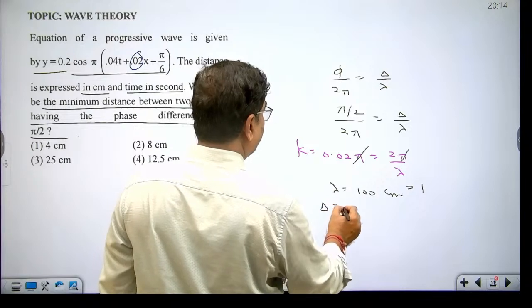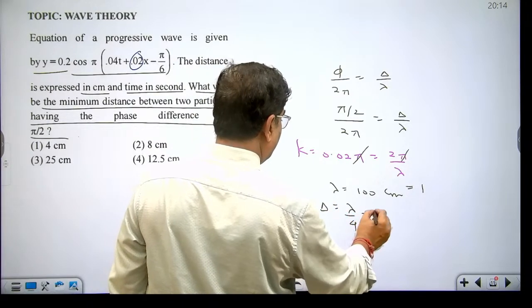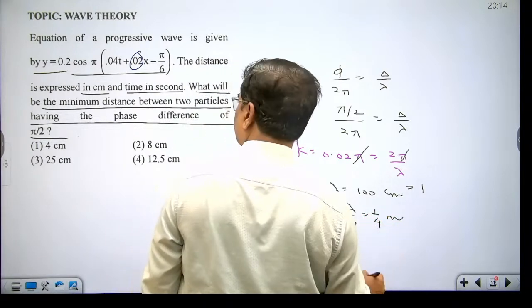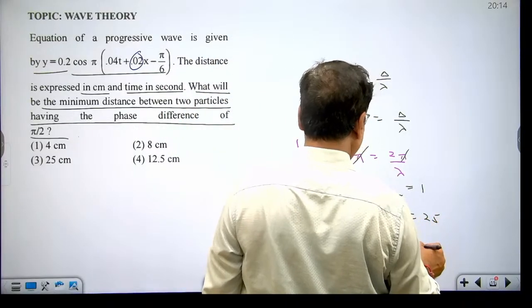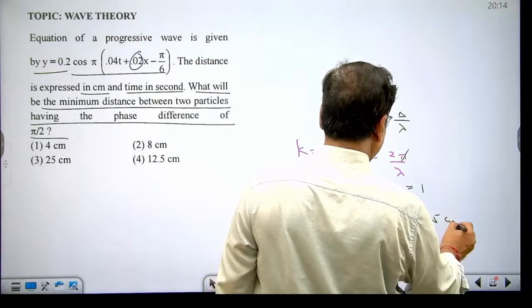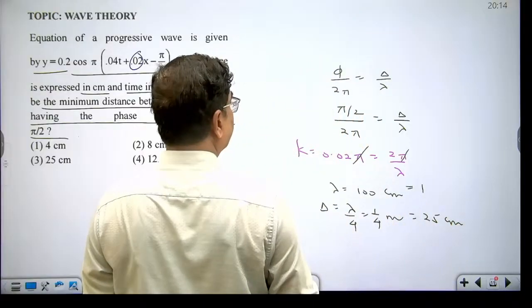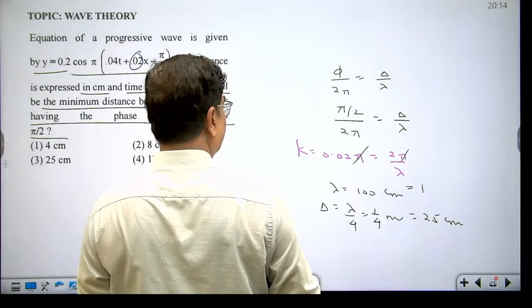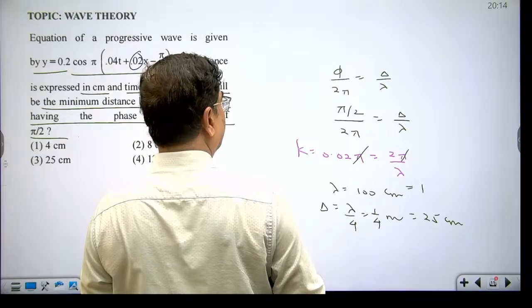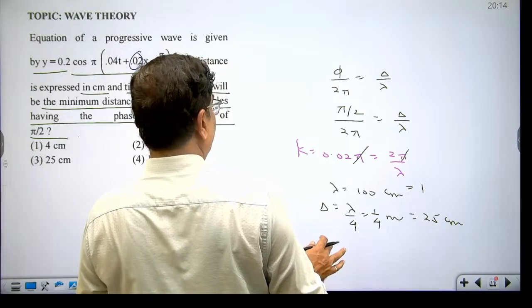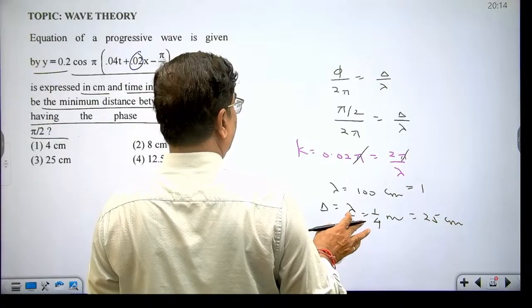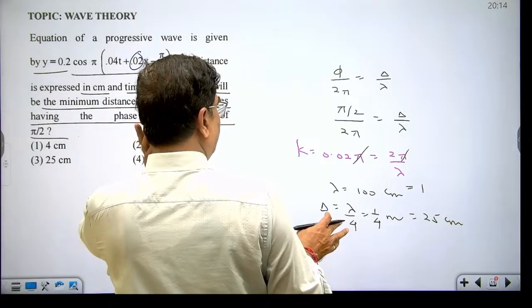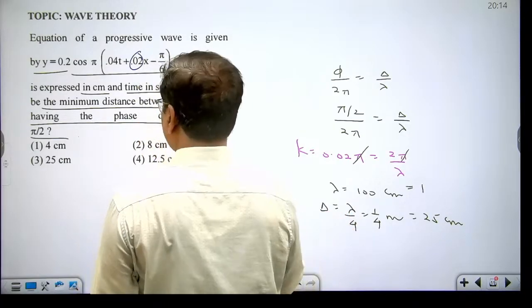So path difference delta equal to lambda by 4. This is 1 upon 4 meter. So 25 centimeter. So correct answer is option 3.